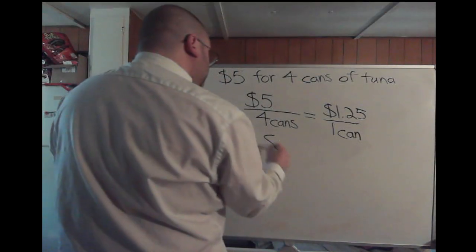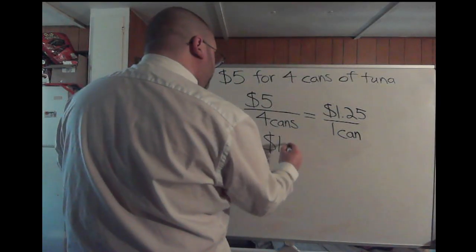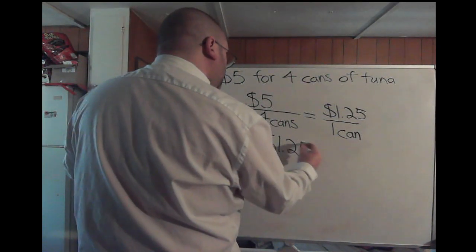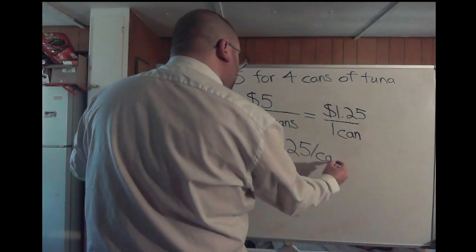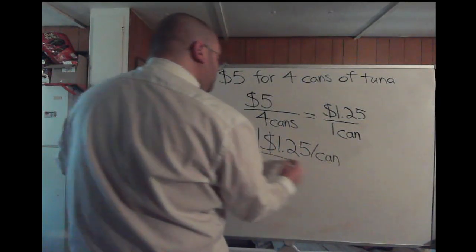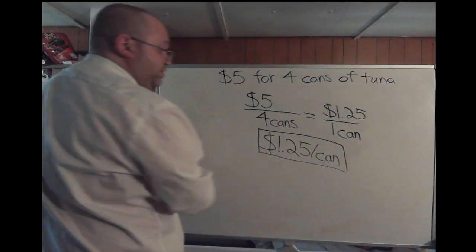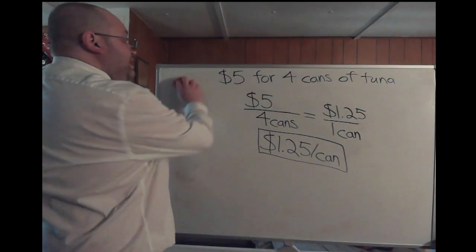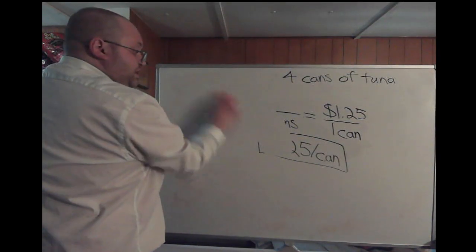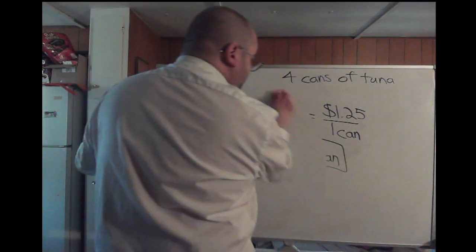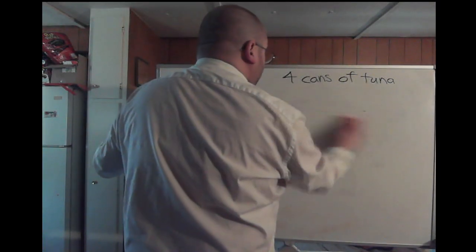So yes, it is $1.25 per can. That would be the unit rate, the unit price. So that's a very big example in the real world of using ratios to find unit rates, unit prices.